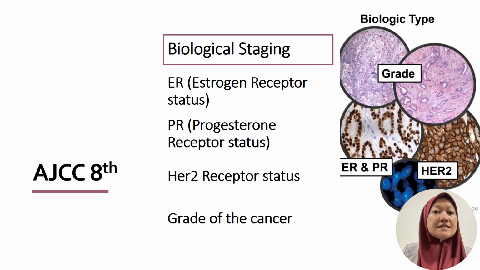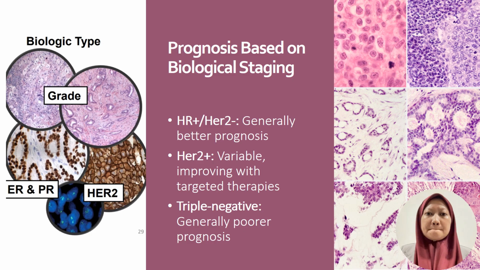The AJCC 8 system goes beyond anatomical consideration by incorporating key biological factors, including the ER, PR, and HER2 receptors, as well as the grading of the cancer.